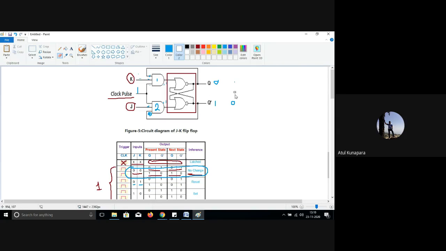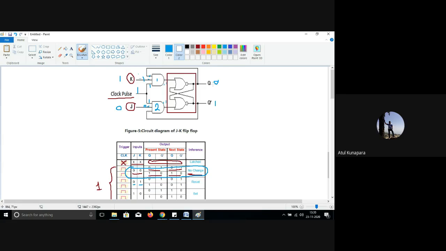Suppose right now the present state of the output is Q equal to 0 and Q bar equal to 1, and I'm going to apply the first case here, that is, J equal to 0 and K equal to 1. So the clock pulse 1 will come here, K equal to 1 will come here, and J equal to 0 will come here.